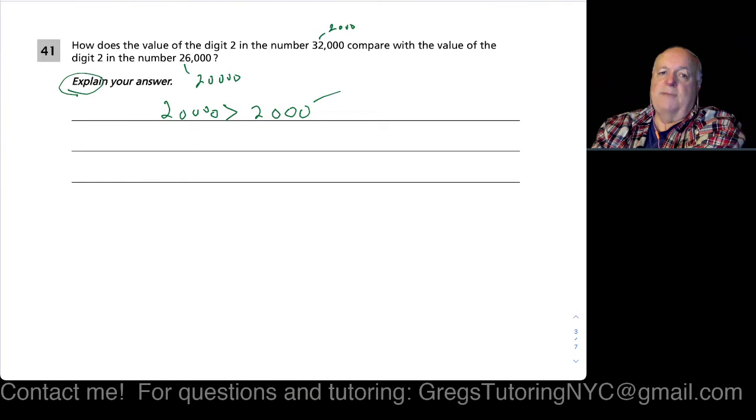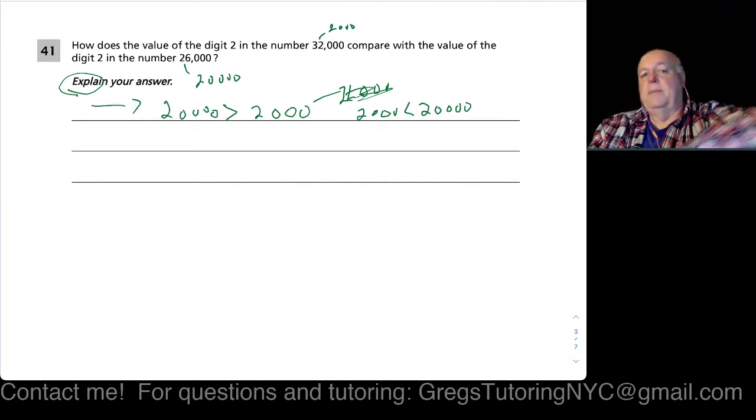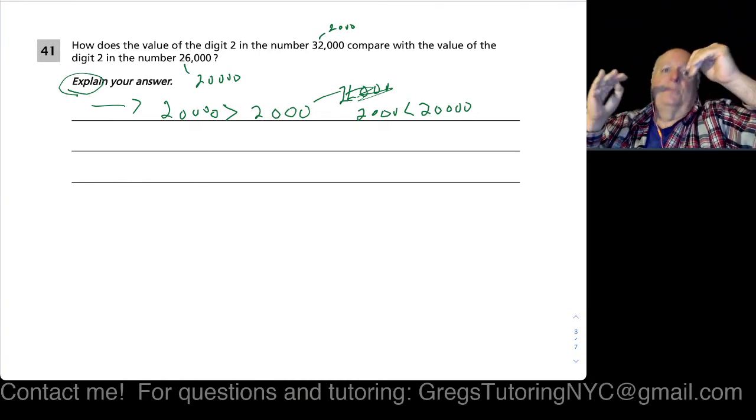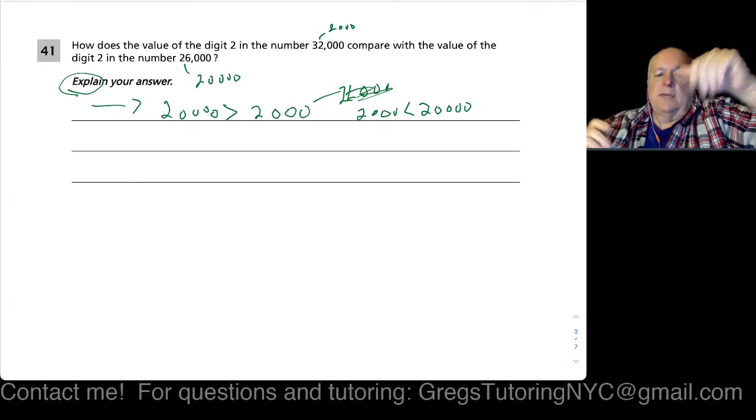You actually don't have to use this number sentence in your answer, but it would behoove you to do so since it's math, right? You're writing an answer, but you're using words. You can explain it out, that you're comparing 20,000 to 2,000 and that the digit 2 mapped into the 20,000 and mapped into the 2,000.